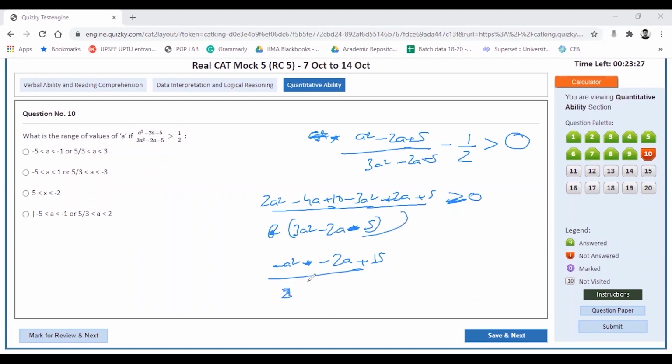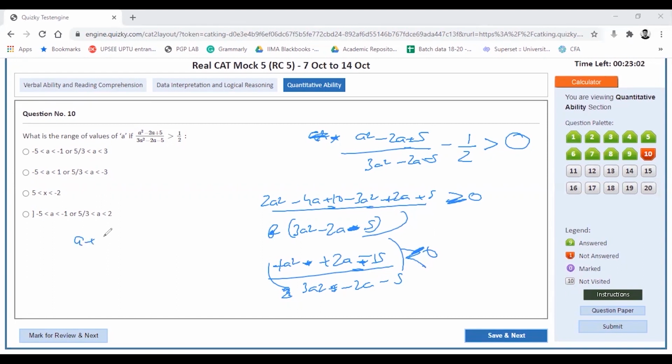I can eliminate it whenever I want. 3a square minus 2a, this is again minus 5. It's getting really dirty here a bit. This is greater than 0. Now if I remove this minus sign, I can easily reverse the equality. So this is plus plus, and this one becomes minus, and then this becomes opposite. I'll try to factorize if I can.